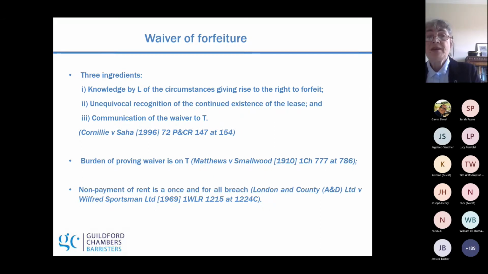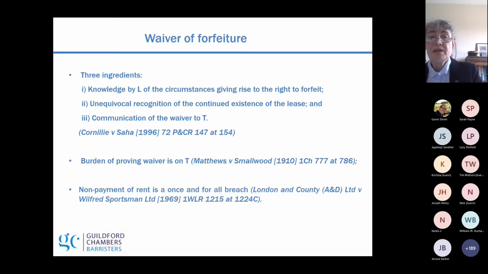There are three ingredients to waiver, which were set out by the Court of Appeal in Cornilly and Saha, expanding on the classic statement of waiver in my namesake case of Matthews and Smallwood. They are, firstly, knowledge by the landlord of the circumstances giving rise to the right to forfeit, unequivocal recognition of the continued existence of the lease, and communication of the waiver to the tenant.